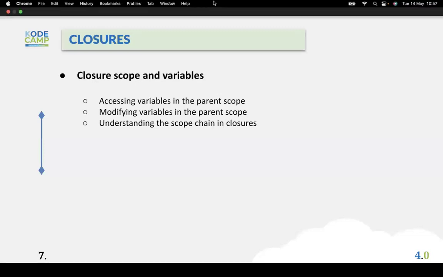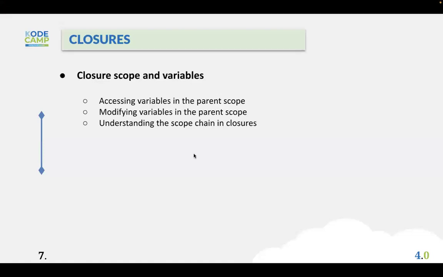Okay, so moving forward: closure scopes and variables. That covers accessing variables in the parent scope, modifying variables in the parent scope, and understanding the scope chain in closures. For the knowledge of closures to be complete, you have to understand the scope chain in closures.